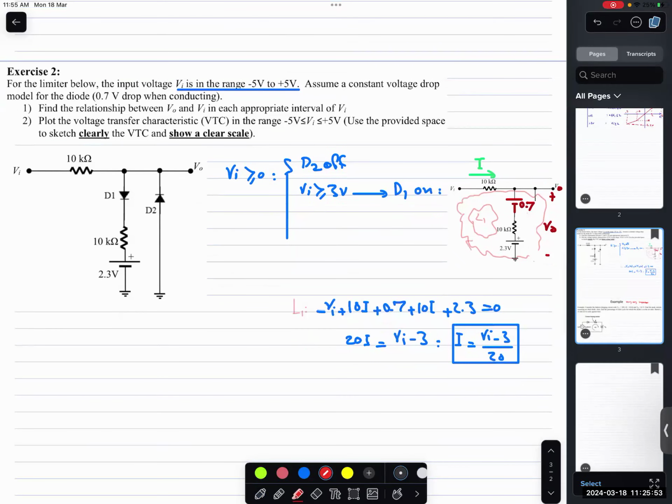Then I will apply KVL on loop 2. I want the relationship between output and input.